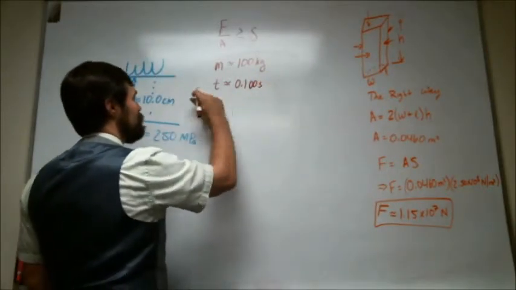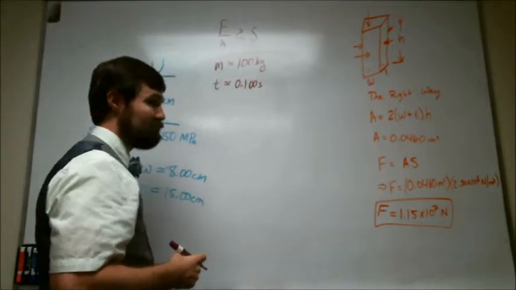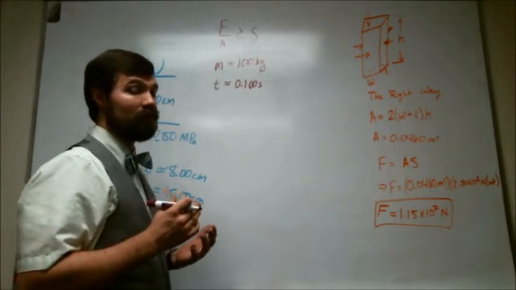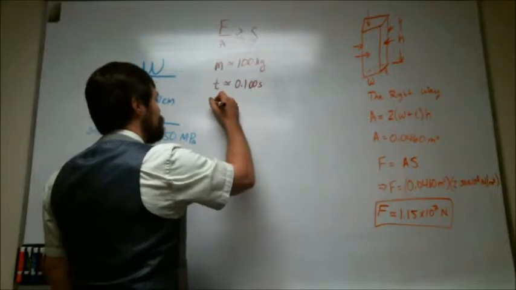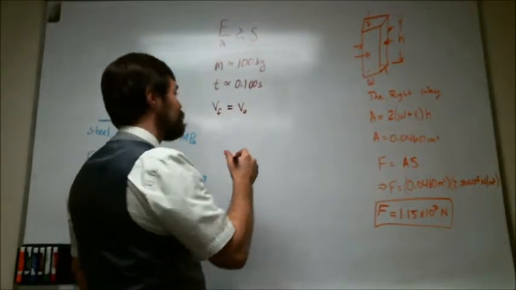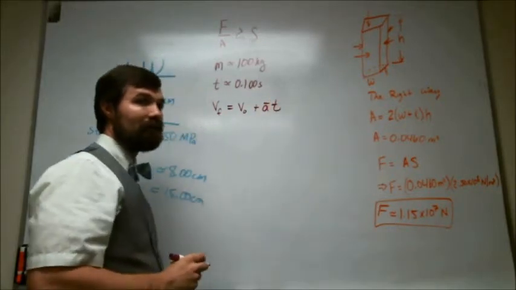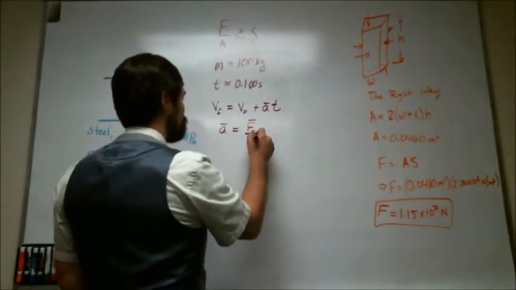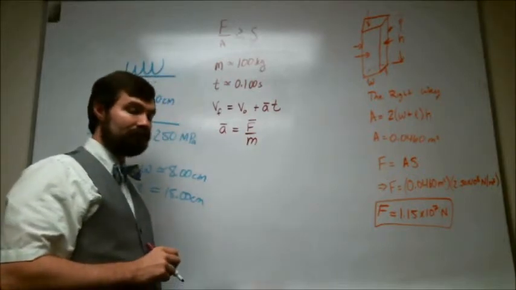Then that means that we can figure out what his recoil velocity is going to be, or his recoil speed. The velocity part is that it's a recoil. He moves away from this thing that he's punching. So you can figure that out based on whatever his initial speed was plus the average acceleration times the time, where the average acceleration is the average force per unit mass.